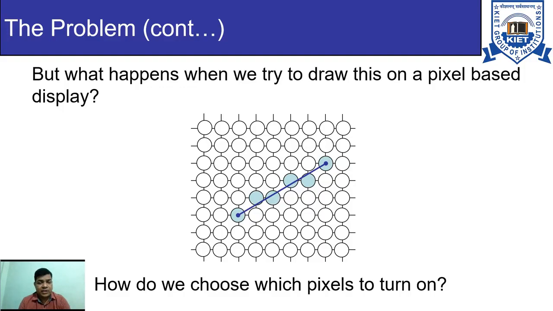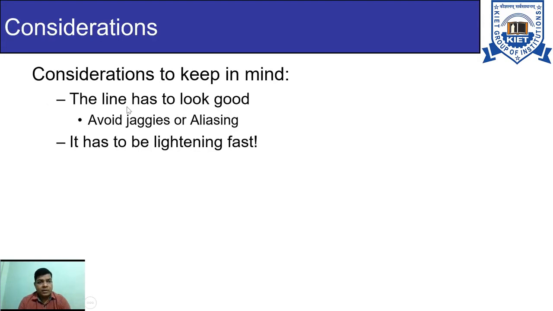So we have to choose those pixels which are nearest along the true line path. In that case we could avoid aliasing, or avoid jaggies, in those lines. So we have to keep these things in mind.